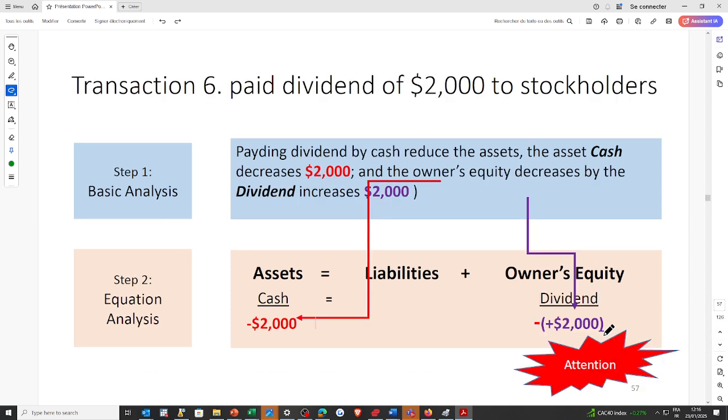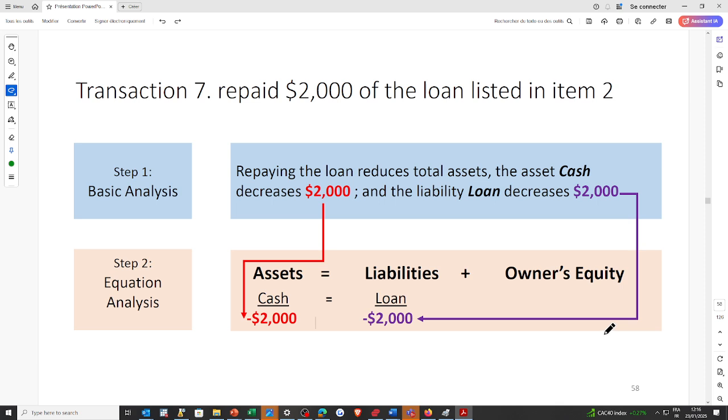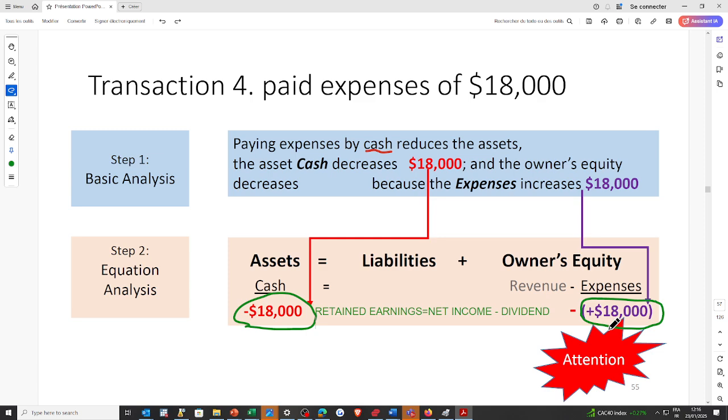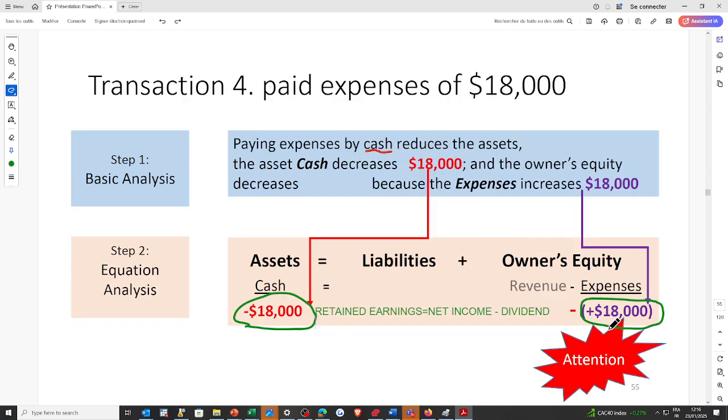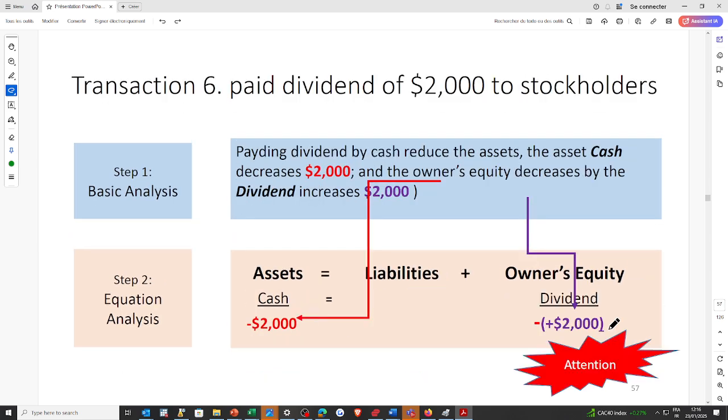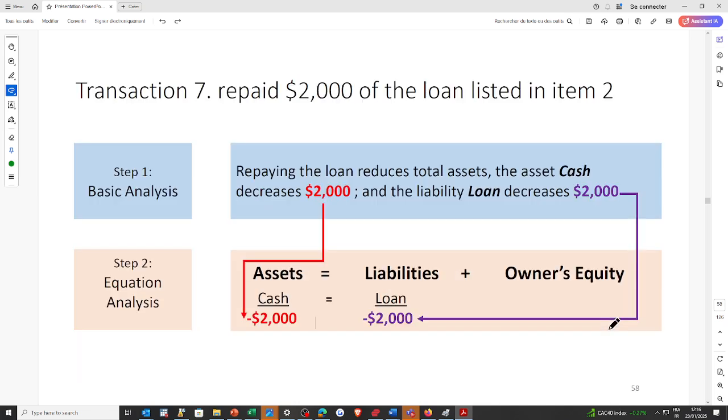Okay, finally we go to the last transaction. The company repaid 2,000 of the loan listed in item 2, right? So what happened? Remember that the company borrowed how much in transaction number 2? The company borrowed 15,000 of cash from the lender, and now in this transaction the company repaid the loan.